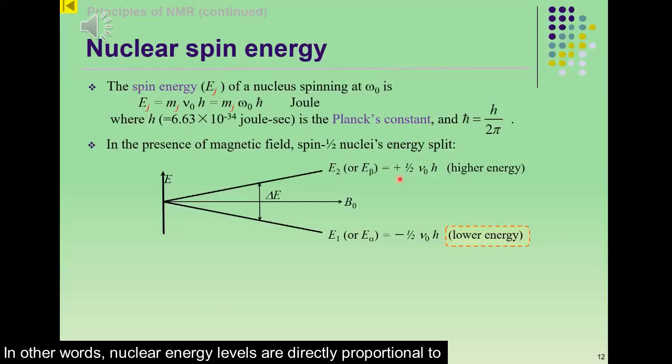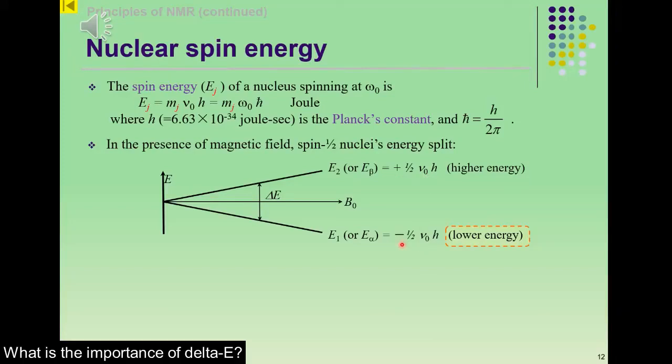In other words, nuclear energy levels are directly proportional to the angular frequency of the spin, either positive or negative.